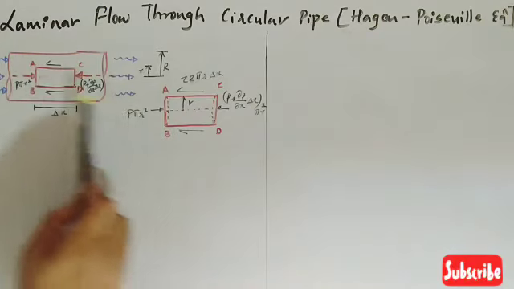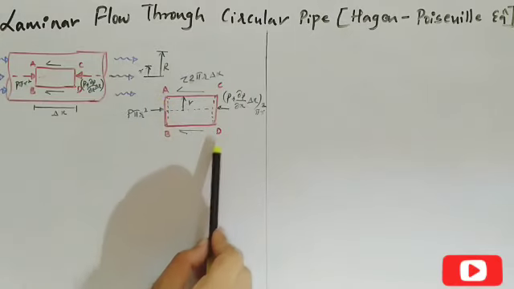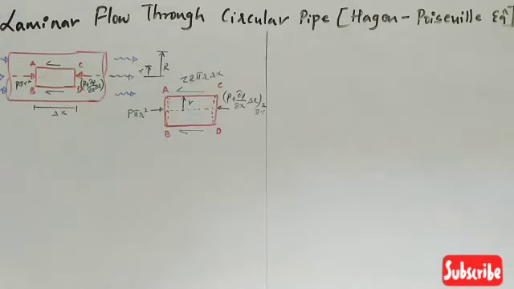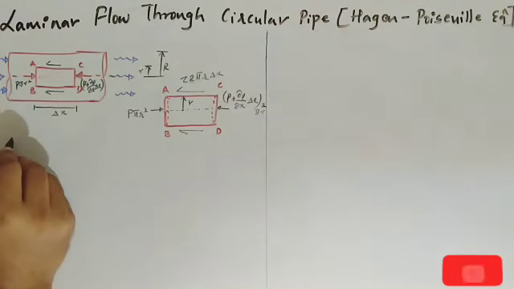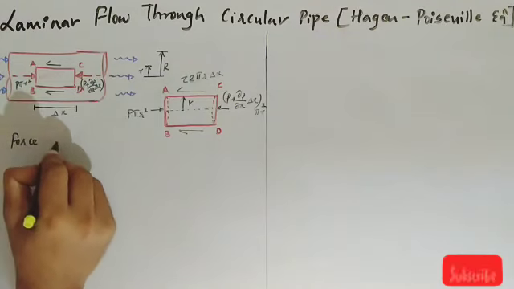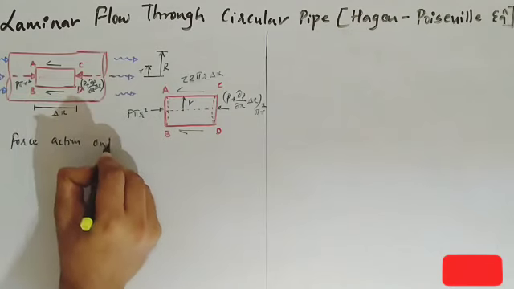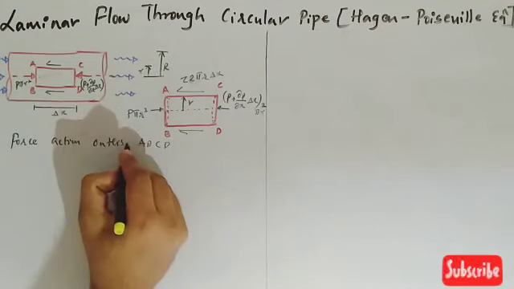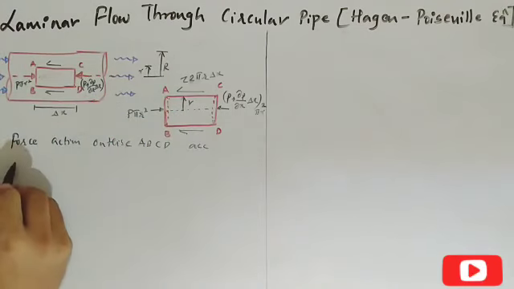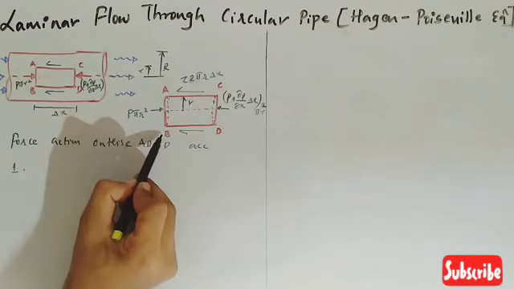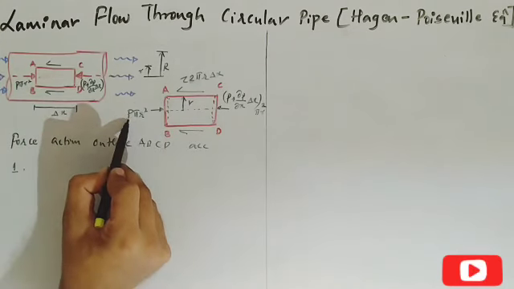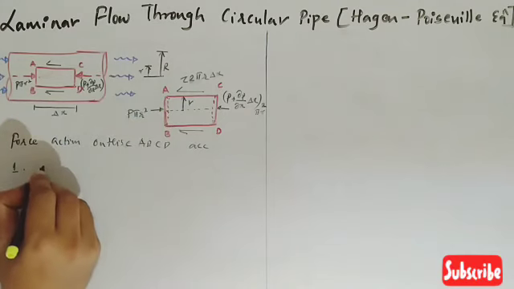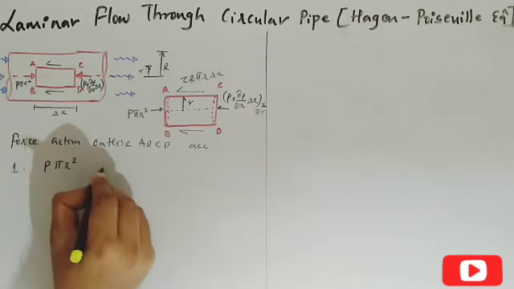For a clearer picture I have drawn the same figure here. So this is a cylindrical element. Now the forces acting on this element ABCD are, first, the force acting on face AB, that is pressure force into its area, so that will be P into pi r square.